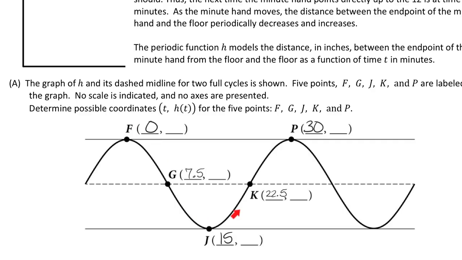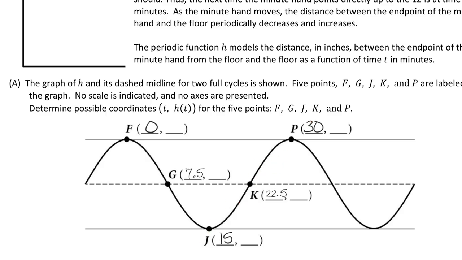In between there, we have equally spaced coordinate points. So halfway between the top points should be the bottom. What's halfway between 0 and 30? 15. Halfway between the top and the bottom should be the middle. What's halfway between 0 and 15? 7.5. Then halfway between 15 and 30, 22.5. Do we feel okay? Yes.